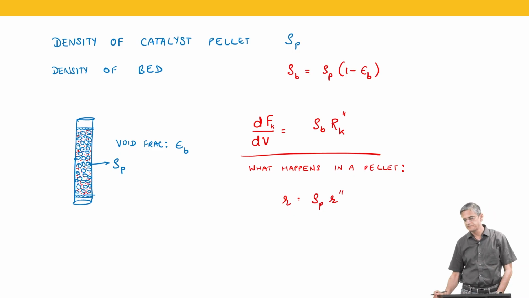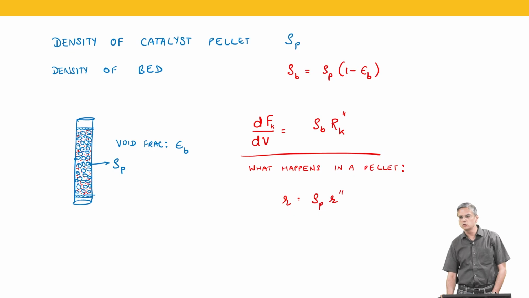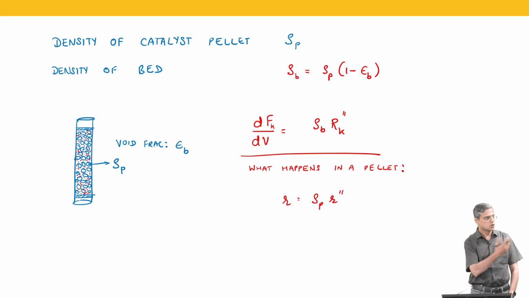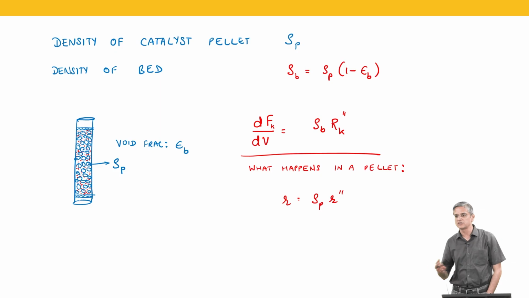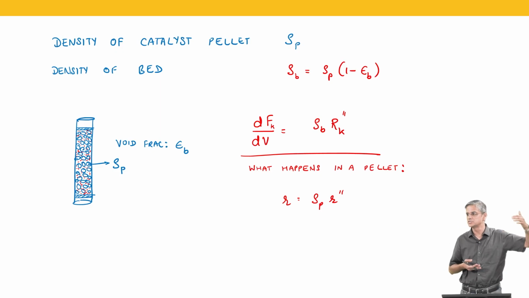That is the reason why this comes in. If you are going to do dF by dW, do you need to change anything? No, you do not need to change anything. Why? Your rho b, you take it to the left hand side, you will get dFk by dW equal to rk double dash. Let us say you have calculated that the total weight of the catalyst bed required is 20 kilograms.